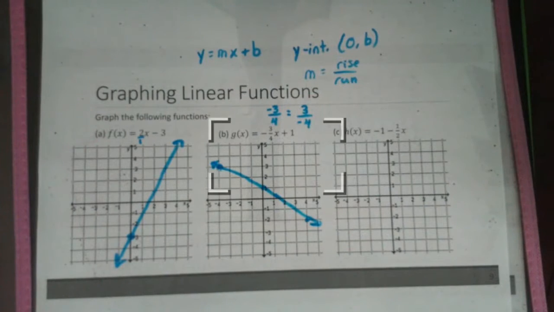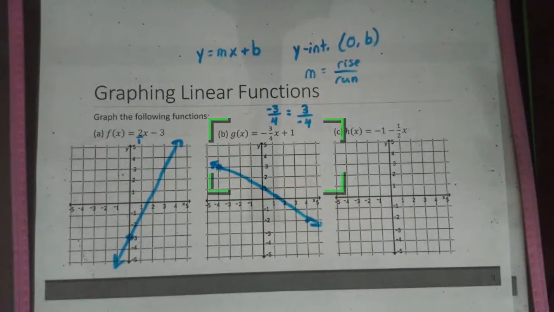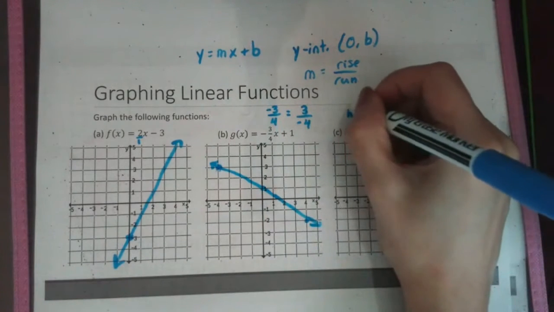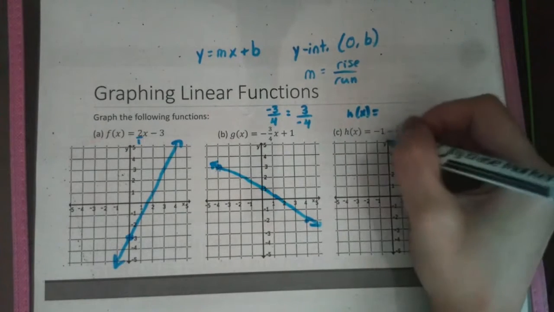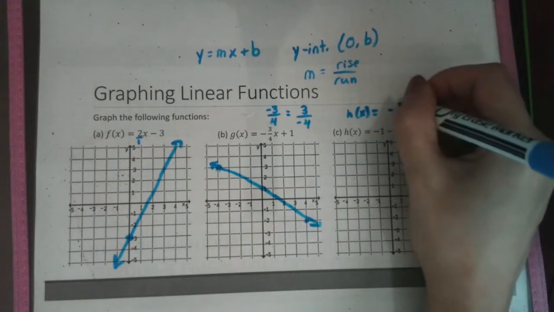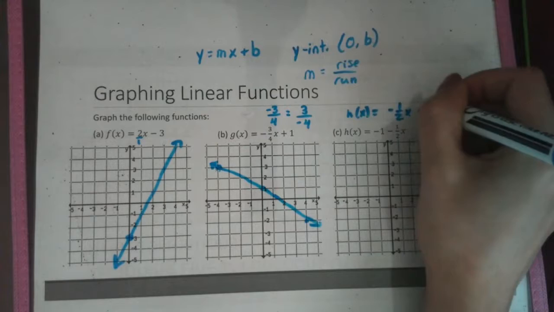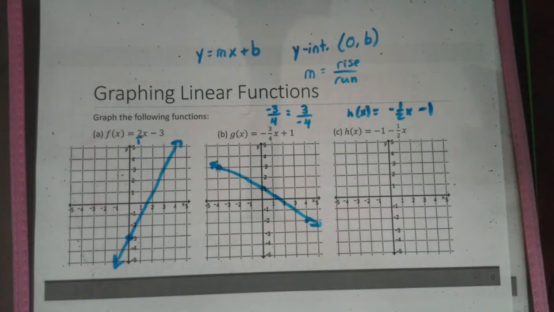For h of x, we're looking at -1 minus 1/2 x. This one's trying to trick you because it's written kind of weird. We like our slope and our variable to come first. So this is a -1/2 x minus 1. That way our slope is first.